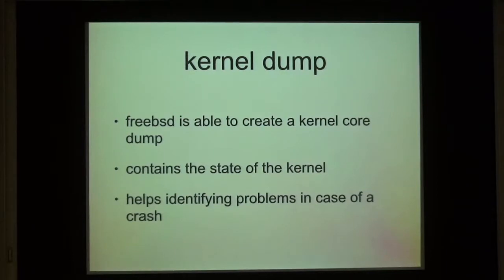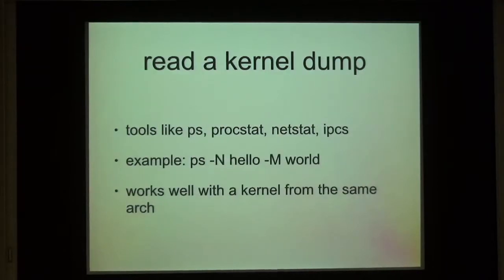You are able to do that with a variety of tools, such as ps, procstat, everything stat, ipcs, and that's an example of how to run it with the N and M options, where one of them is the executable and one is the core dump, in different file names though.